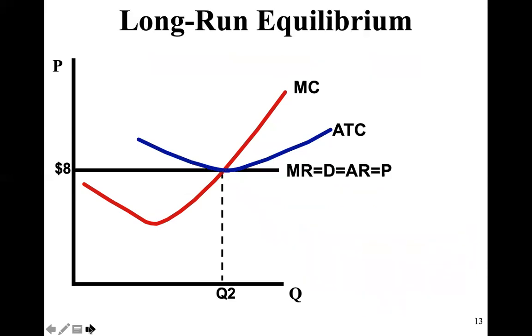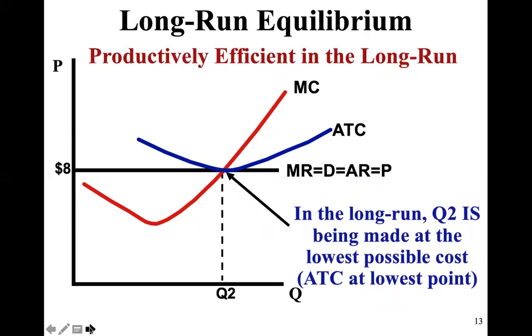However, take a look at this scenario. In the long run, we are productively efficient because we're making zero economic profit. Our price is right here, and our marginal revenue equals marginal cost, so the profit maximizing quantity is at the minimum ATC. And that's why this is such an important place for perfectly competitive firms to end up in.